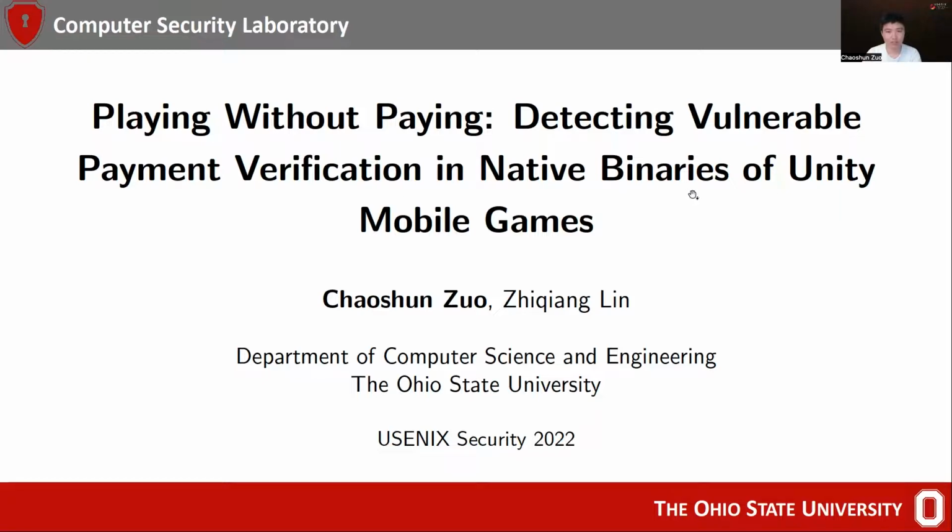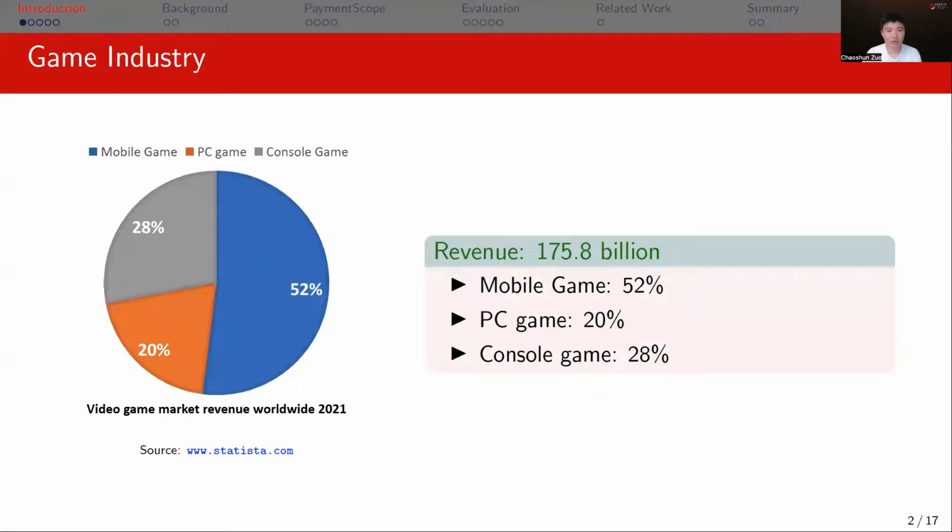So let's get started. In 2021, the video game market made 175 billion in revenue worldwide. Surprisingly, mobile platforms have become the largest segment of the game industry, which generated 52% of global revenue. It is more than the combination of both PC games and console games.